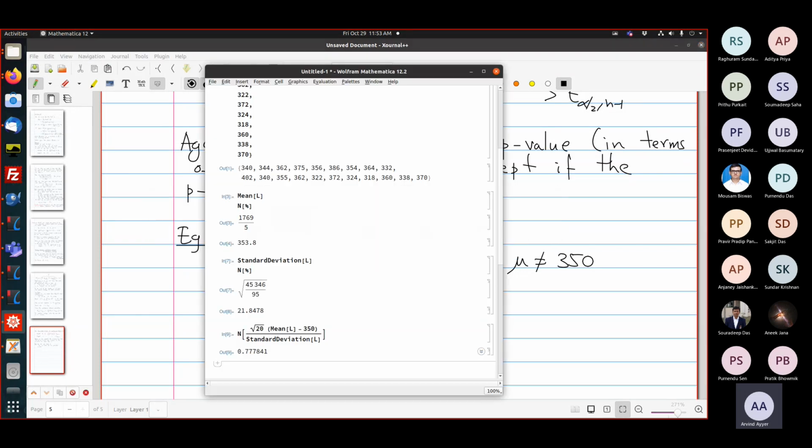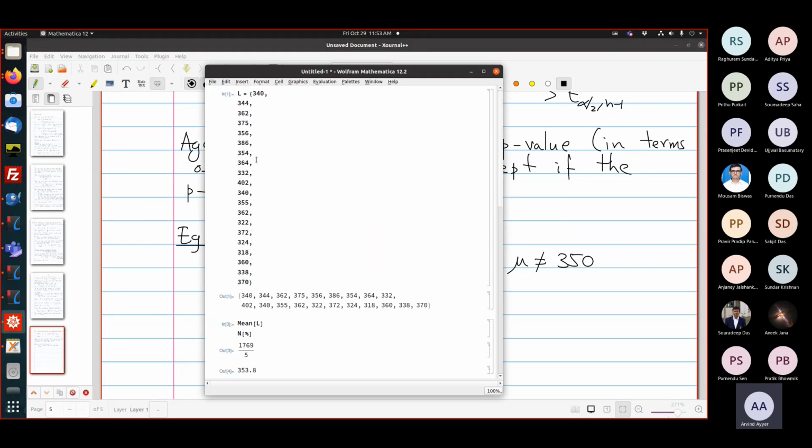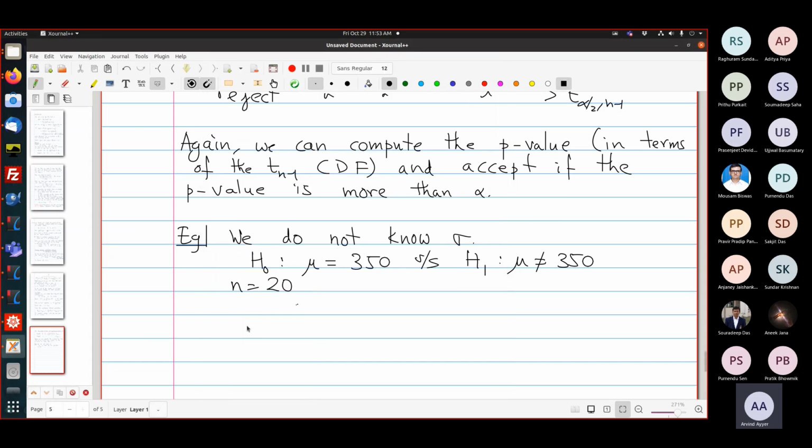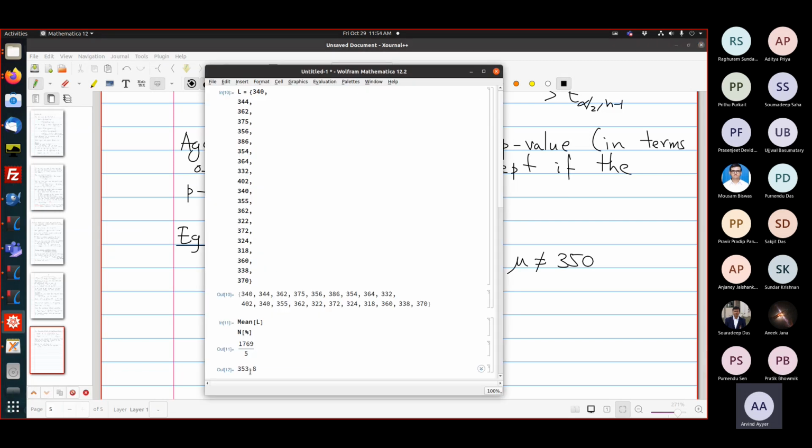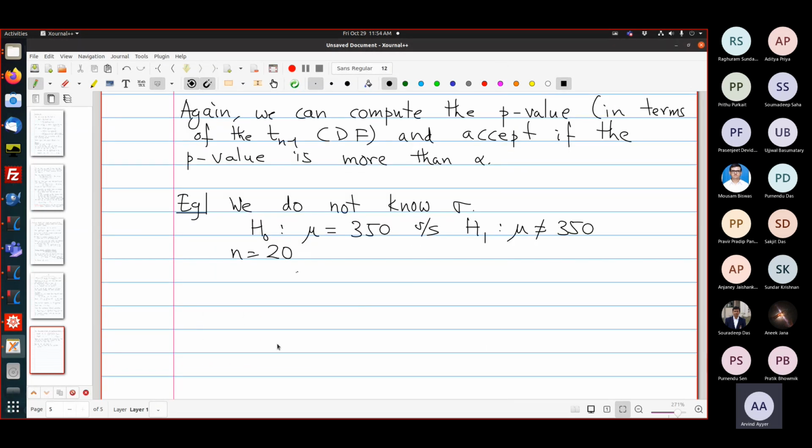Okay, so let me compute. I just copy pasted these numbers over here, and I computed the mean. So this is the data, and this is the mean, which is around 353.8.